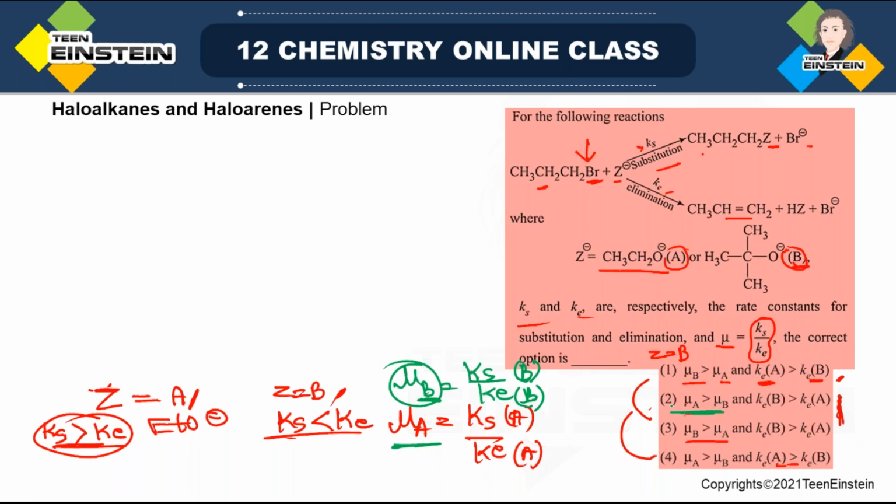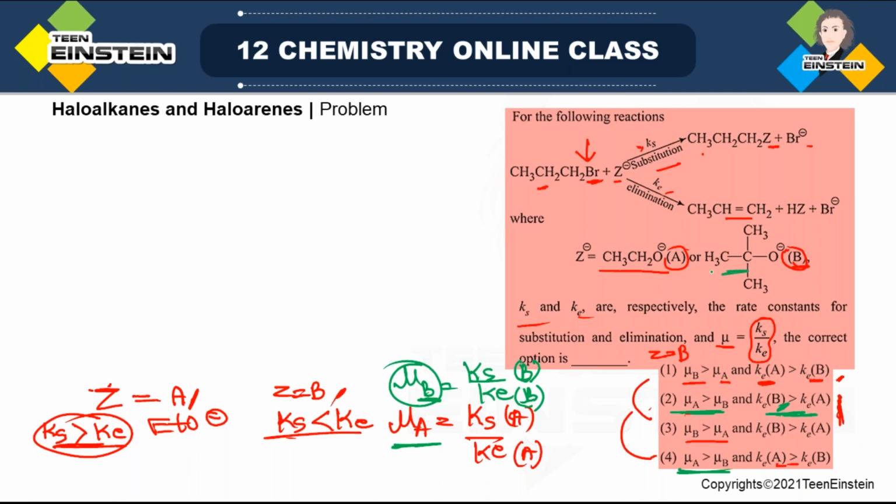And that you can find in option 2, and you can find also in option 4. So now when we know that any one of 2 and 4 will be correct, the next thing that we have to check is elimination, now there is nothing about substitution. Now for elimination, compared to the base B, when you are using base A, in which case is the elimination reaction high?